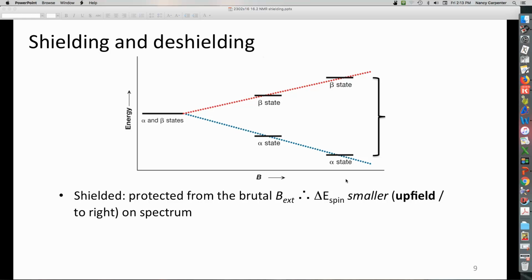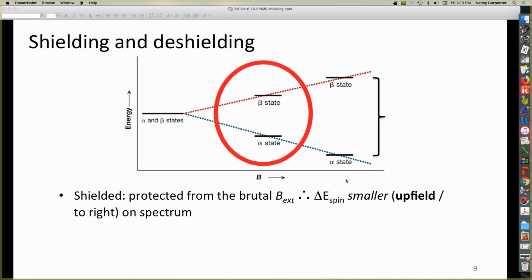So it has a smaller energy gap, as in this example, and therefore the delta E is smaller, and that means lower frequency, and this position for the absorbance is on the right side of the spectrum. Okay, so a shielded nucleus, smaller energy gap, right side of the spectrum.